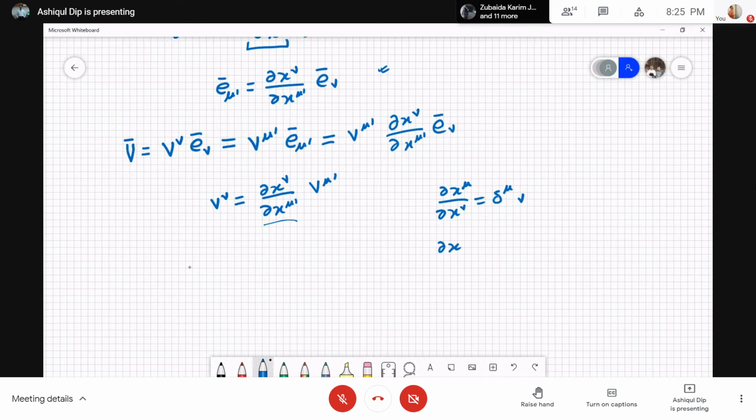Delta x mu prime over delta x nu prime. That means just take the same derivative but in the newer coordinates. That would be the same old Kronecker delta, but the indices are written with a different name.